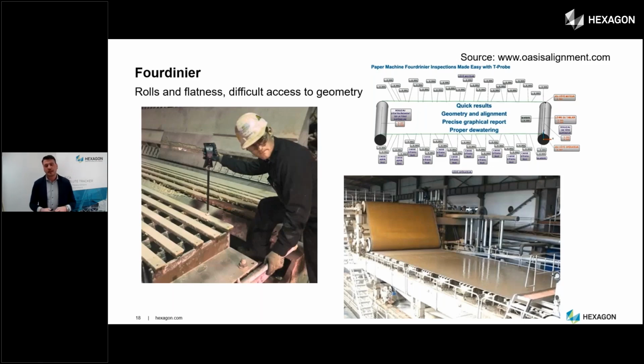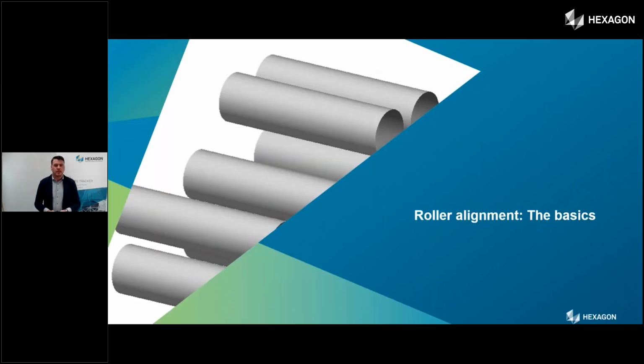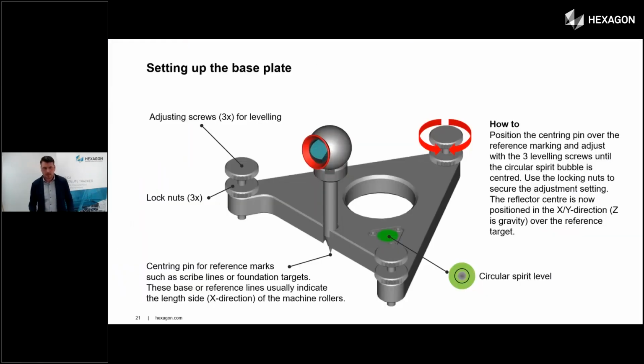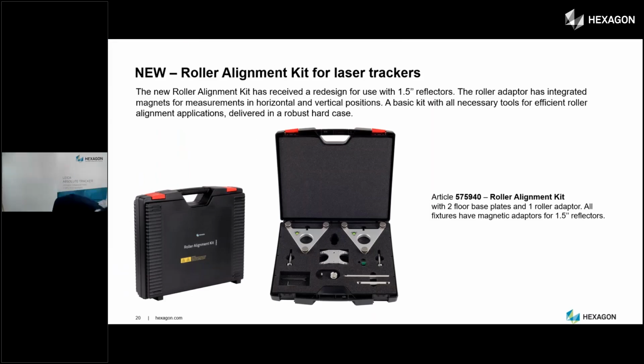Beside the roller, they need also a very flat surface in the Forgineer to make the paper more constant as well. So starting, okay, in this case everything is inside. We had a roller alignment kit before, but now it's possible to use it also with the 1.5-inch reflector.